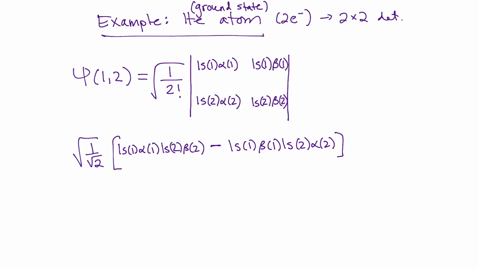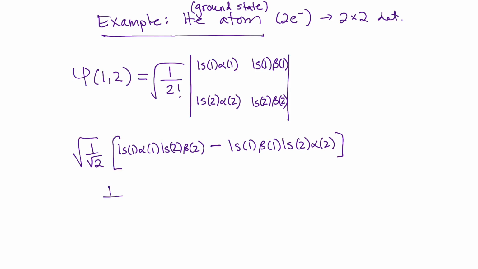So this would be your full wave function, and just to put it into a form that looks familiar to you from when we first looked at the helium atom, we can factor out here. Both of these terms have a 1s1, 1s2 term, so we can just factor that out.